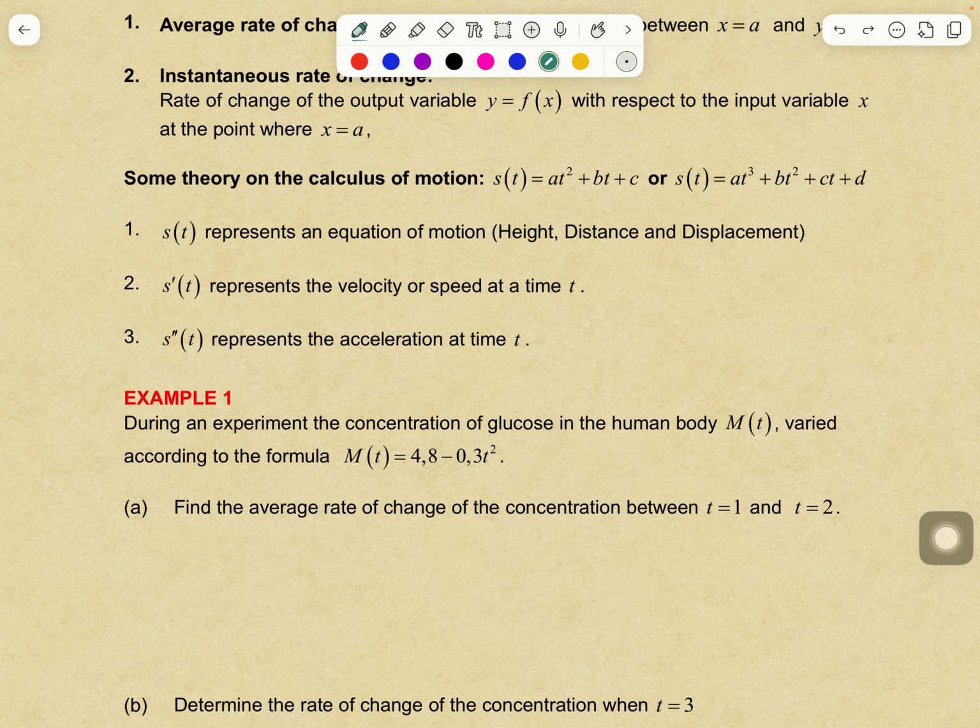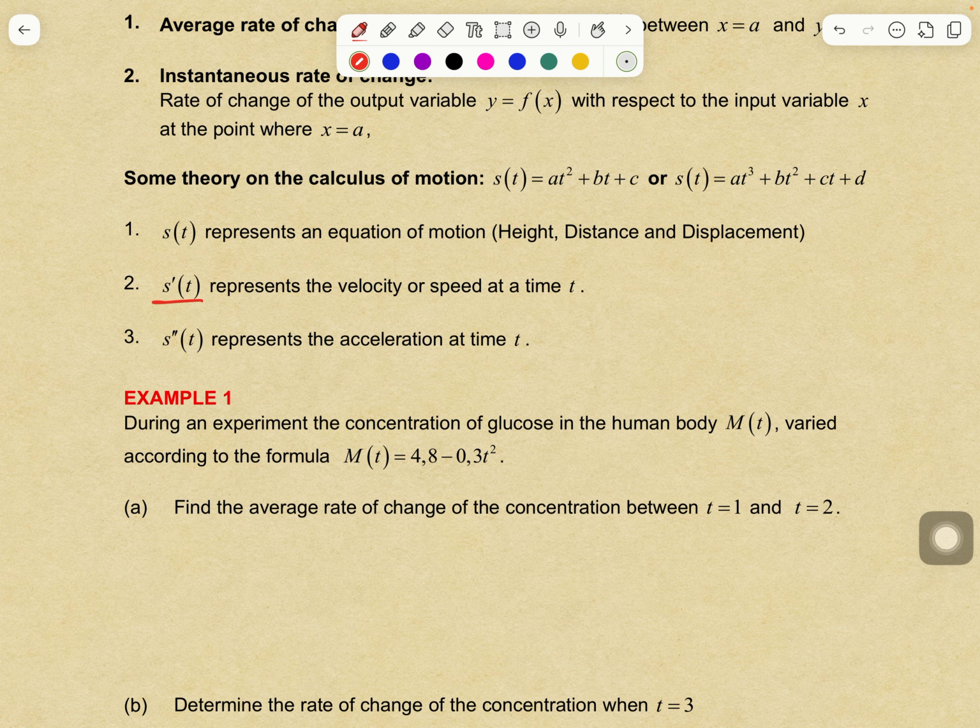But it's a function of t this time around, where t can be time and s can be maybe displacement or a distance or a height of a tree. Now, we are saying that s of t represents the equation of motion, which can be a height, distance, or displacement, of which in the exam we're going to tell you what s of t represents. It can be a moving particle.